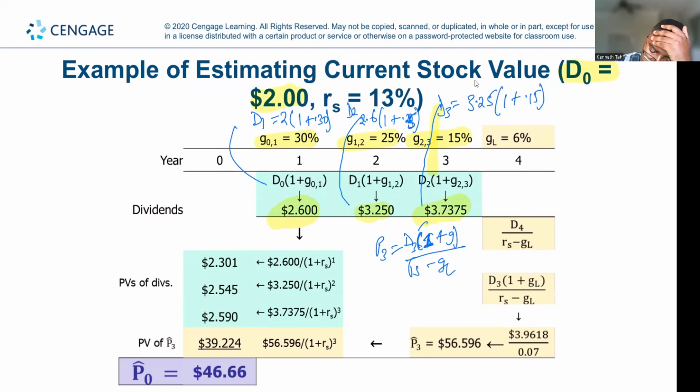Okay, so we are able to obtain D3, which we did, and we had 3.7375. 1 plus g, we are now told that there's a constant growth rate, which is 0.06, divided by 0.13 minus the growth rate, which is 0.06.